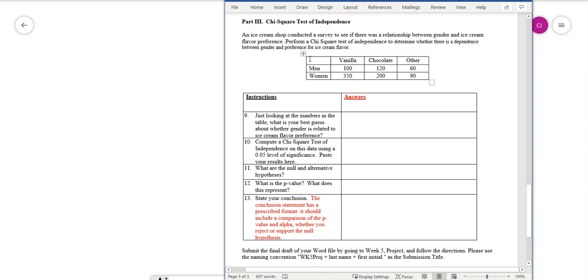So what we're saying is that gender does not influence the type of ice cream that someone will say is their favorite, okay? So gender doesn't influence the percentage of people, men and women, that will say vanilla, right? Or the number of men or women that will say chocolate or something.